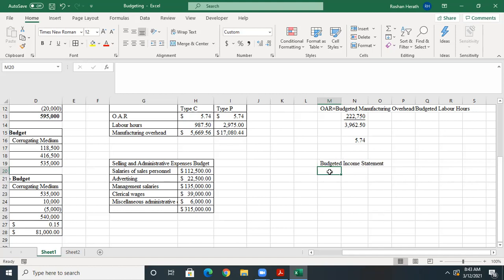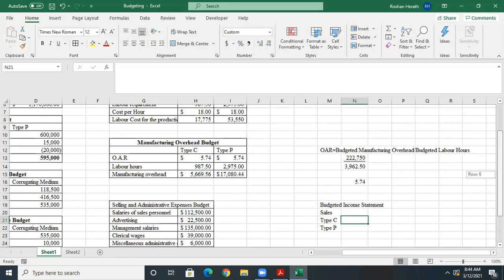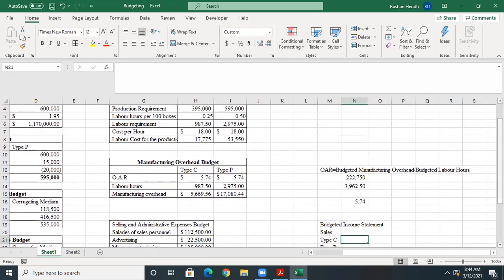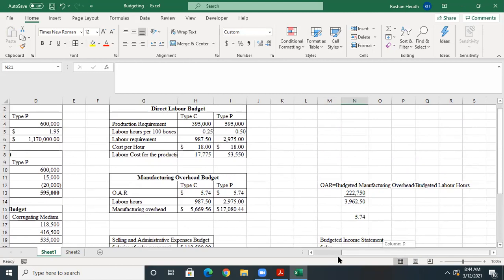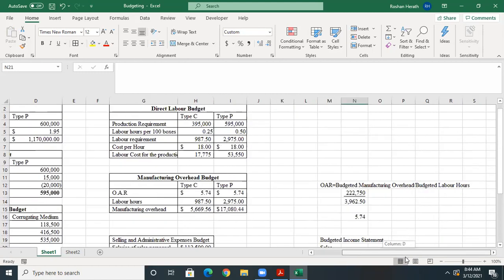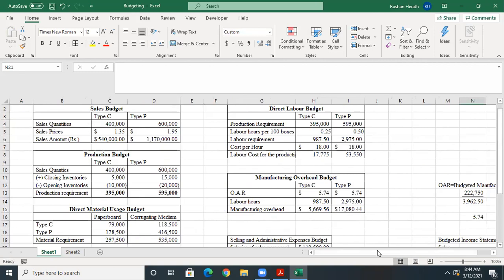We start with the sales, and you're making sales of two types. It's type C and type P. So how about type C? You may be selling a particular number of units. The sales requirement, we saw that earlier even. Now you can straight away take the sales amount.